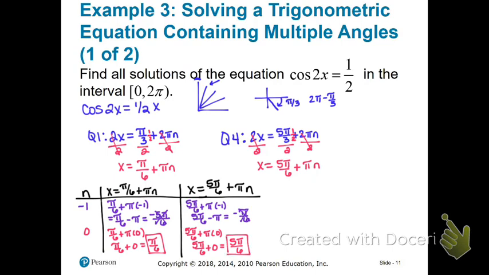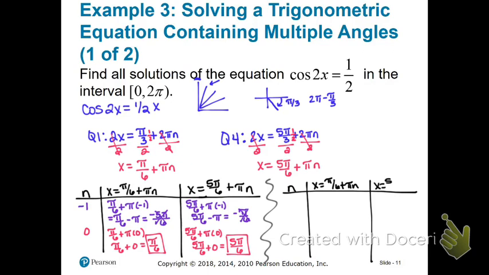All right. I'm just going to continue my table over here, okay, because I just don't have room. You have the second slide, but I don't want to lose anything here. So there's my n. This is my pi over 6 plus pi n. And my 5 pi over 6 plus pi n. All right, so let's pick another n value. So let's pick 1.